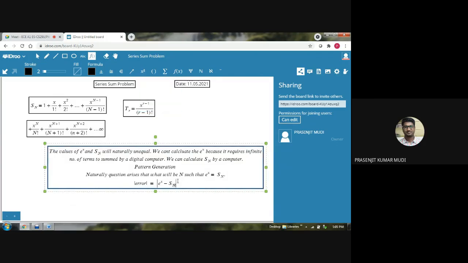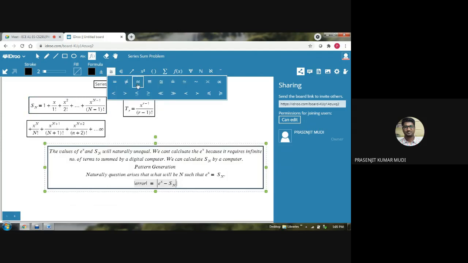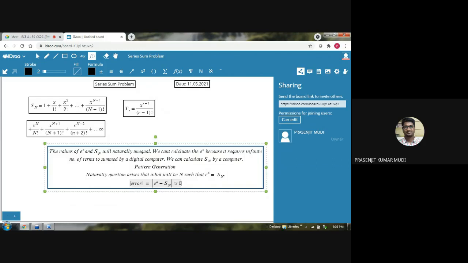This is the error. So we want this error to be almost equal to 0. It cannot be equal to 0 exactly, but we want it to be very close to 0. So we want the error to be as minimum as possible. Okay, this is all we want.